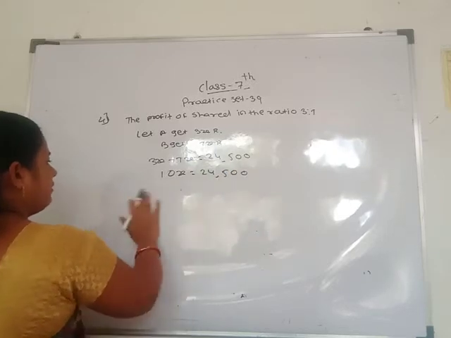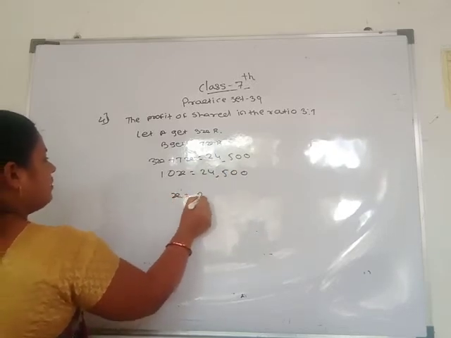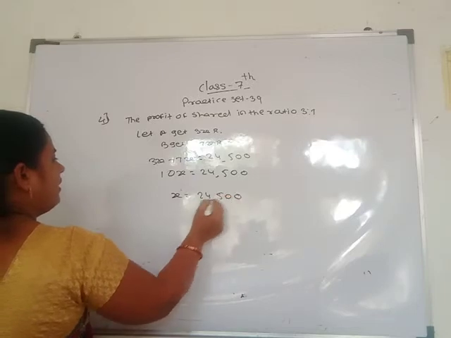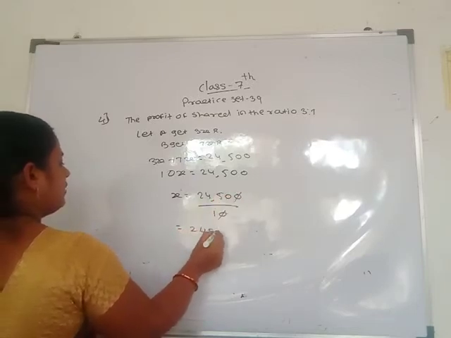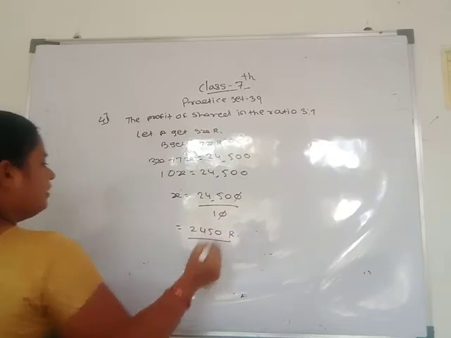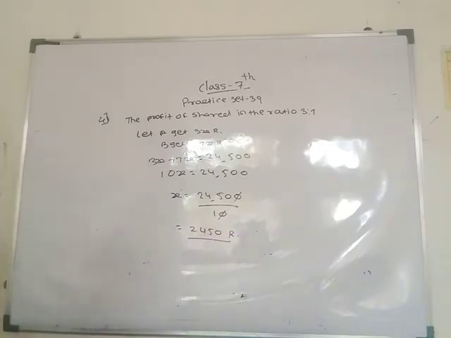Then you find the value of x. X is equal to 24,500 divided by 10. Then the answer is 2,450 rupees.